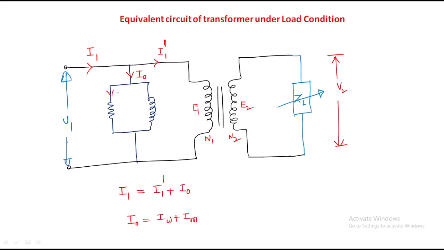This is IW, this is the magnetizing component of current, right? It is the vector addition of these two. This is the approximate equivalent circuit. This is not the exact equivalent circuit of a practical transformer. This is the equivalent circuit of a transformer under load condition.